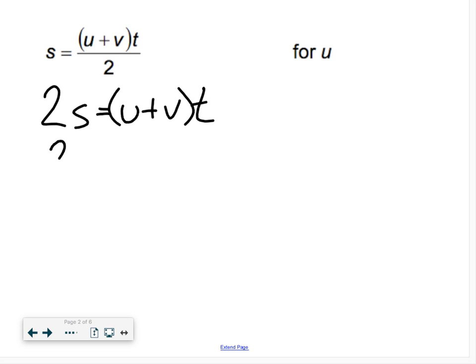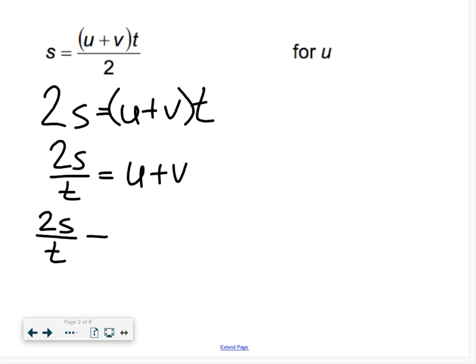Then I get 2s divided by t equals u plus v. I'm going to subtract that v, so I have 2s over t minus v equals u.